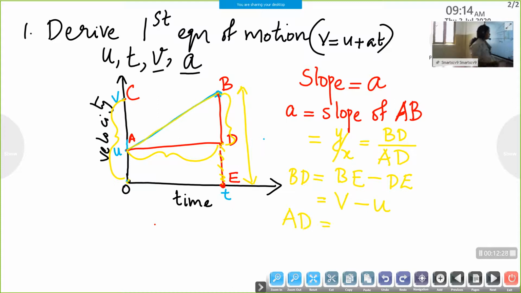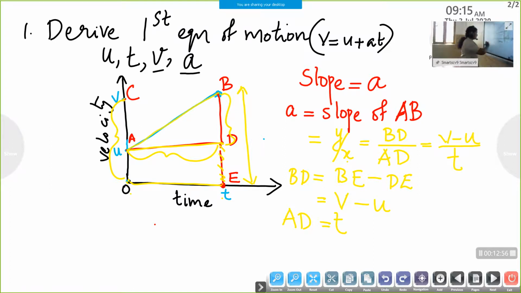AD is this distance, and it is equal to OE, that is T minus 0. AD is equal to T. Then we can substitute. A is equal to y by x, BD by AD, where BD is V minus U and AD is T.